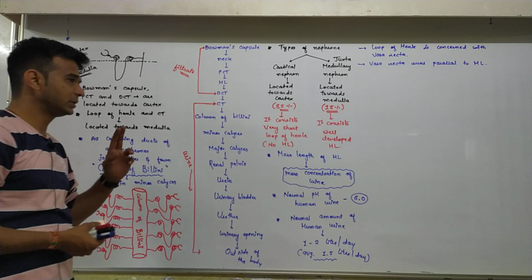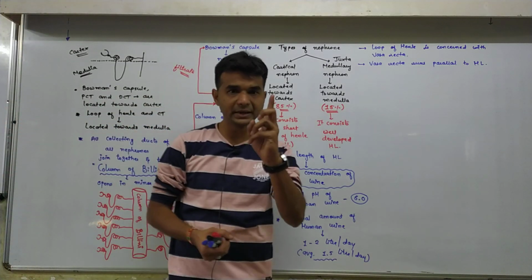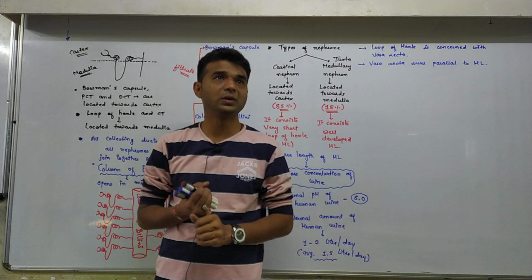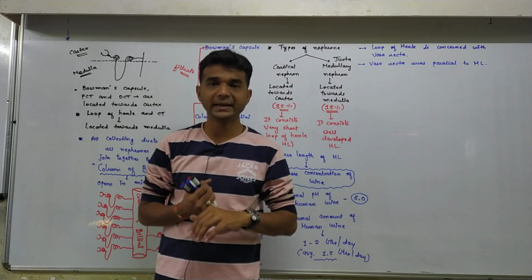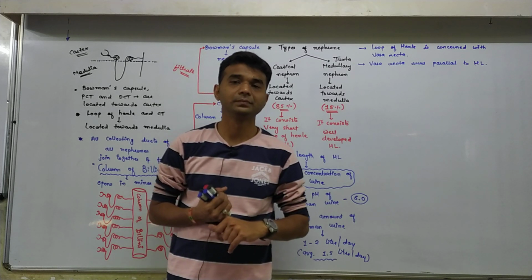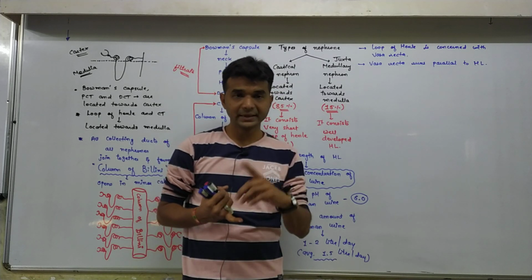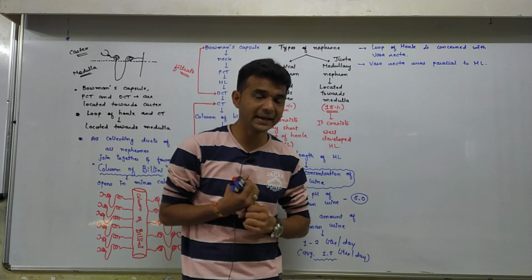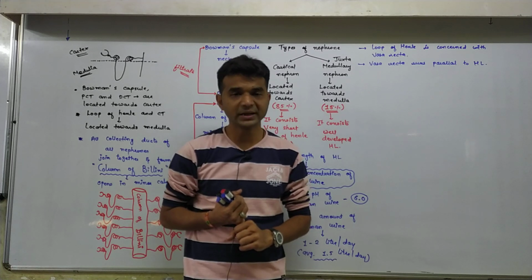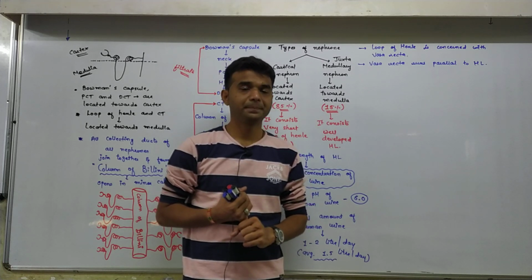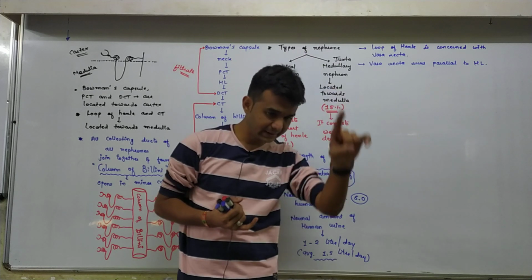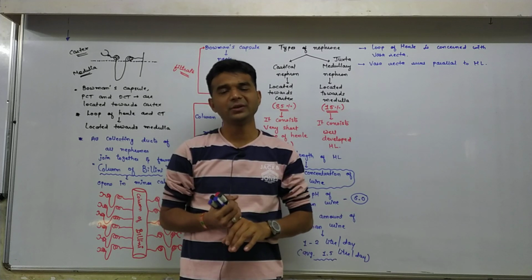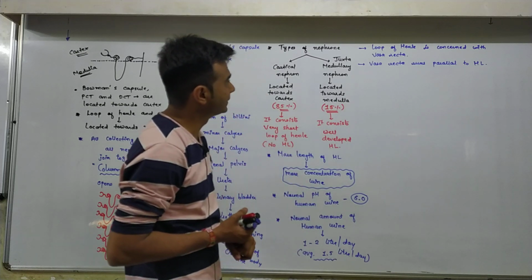So you know that surrounding the vasa recta and surrounding the loop of Henle, you get one word: the loop of Henle is a hairpin structure. See, in the textbook it is given that the loop of Henle is a hairpin-like structure. Important MCQ: the artery or vein that travels parallel to the loop of Henle is known as vasa recta.